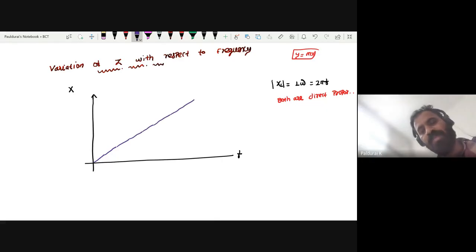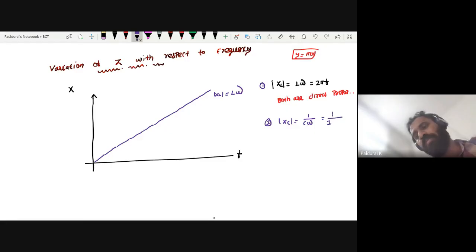This is my XL, magnitude L omega. Now coming to XC, take the magnitude 1 by C omega, where omega equal to 2 pi f. So XC equals 1 by 2 pi f C. Now, both are directly proportional to each other or inversely proportional?